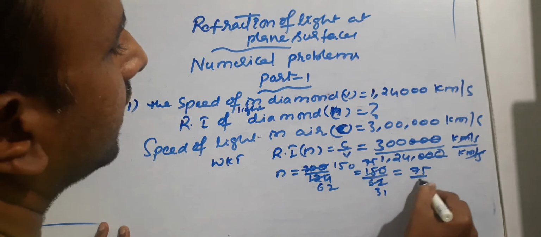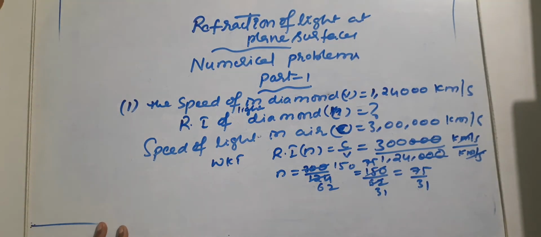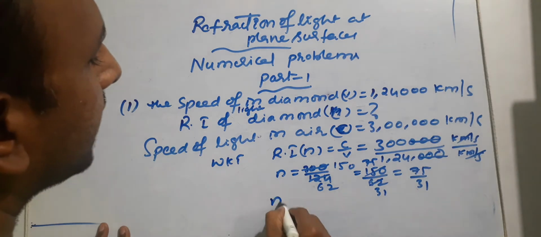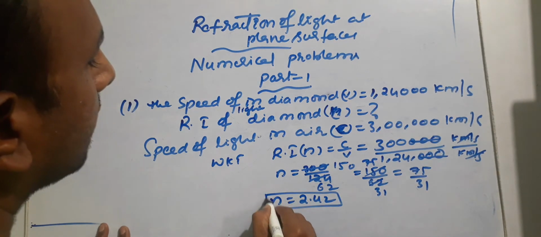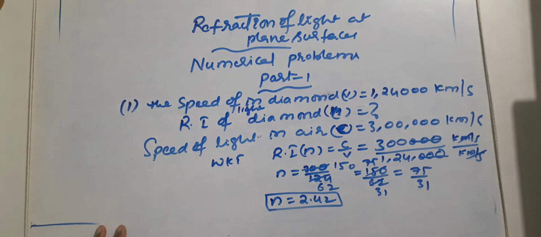So 75 by 31. Divide 75 by 31, you can get 2.42. So this is the refractive index of the diamond, students.